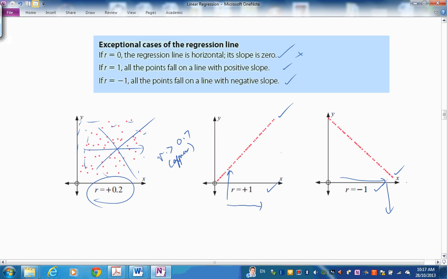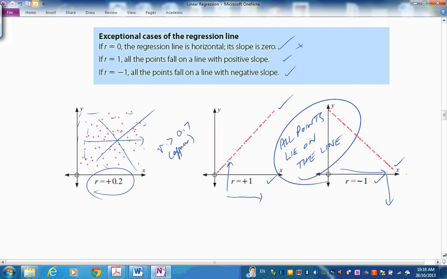All points lie on the line. There's no regression away from it. All right, so get that idea. It's not always going to be appropriate to fit a line at all because the correlation coefficient is so small that it suggests there's too much deviation away from that line.